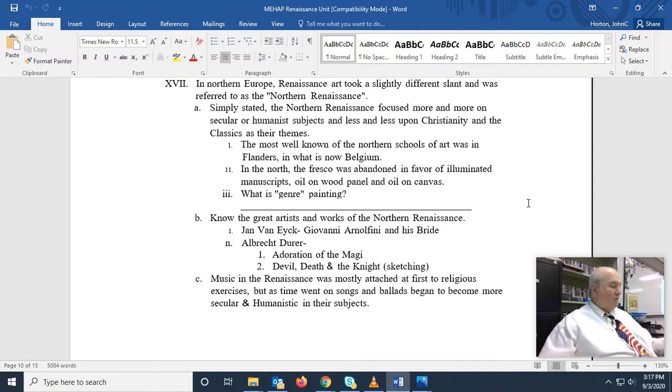Canvas. I never thought I'd say that word so many times in my life, but yes, canvas. What is canvas? Well, obviously, it's a cloth. And the painters found out that if they wanted to ship their painting, canvas was very handy, because basically what canvas is is the same thing that they use to make sails.